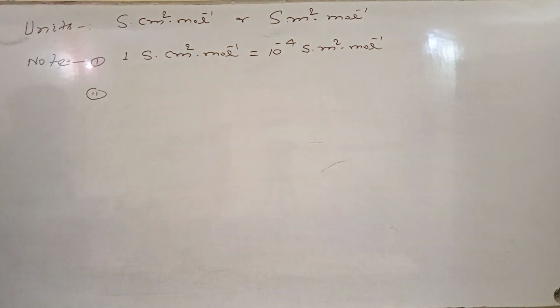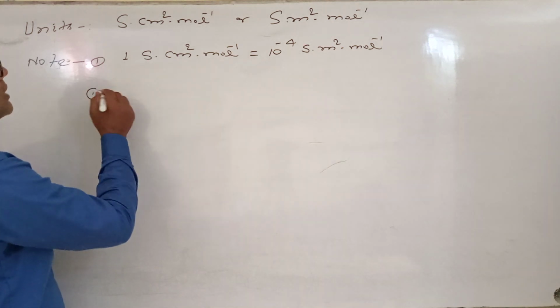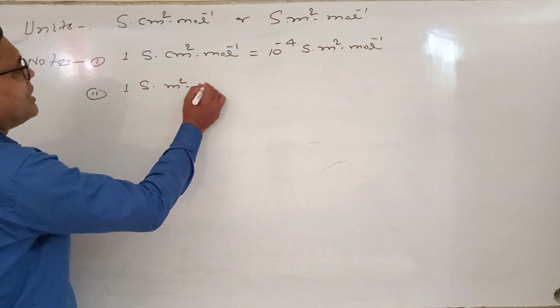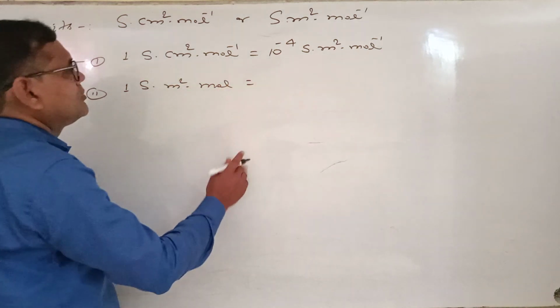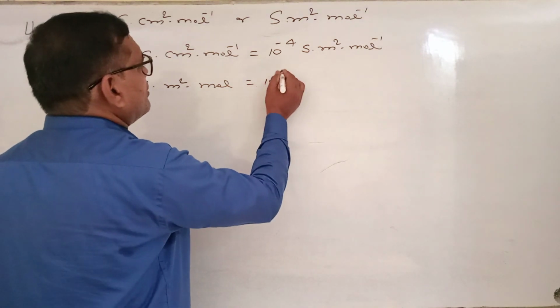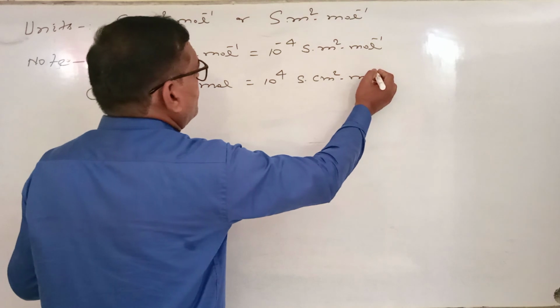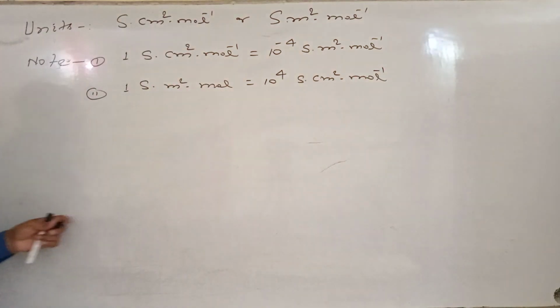Now we write, 1 Siemens meter square mole inverse is equal to 10 to the power 4 Siemens cm square mole inverse.